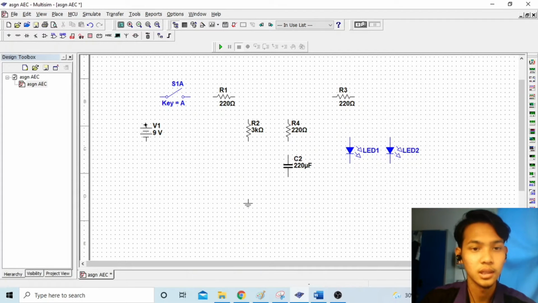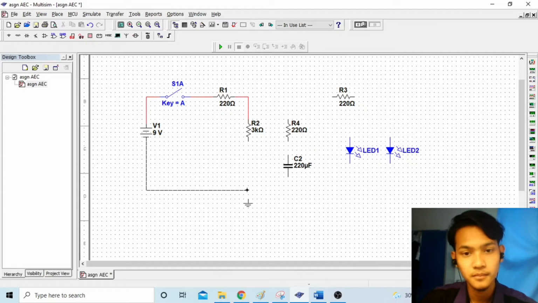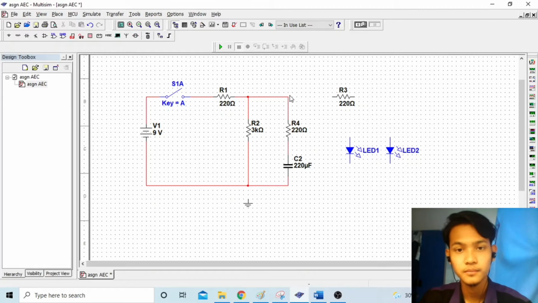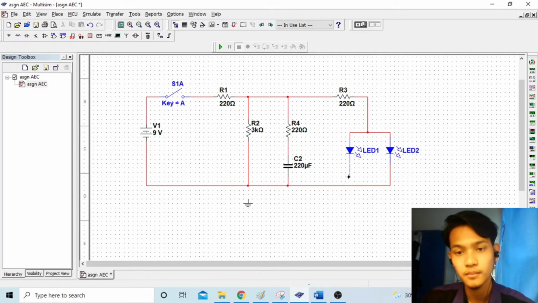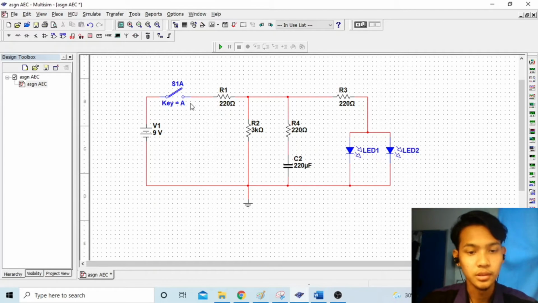So what we're going to do is connect all the components into a circuit. Okay, so this is the complete circuit, and now we're going to run the circuit.